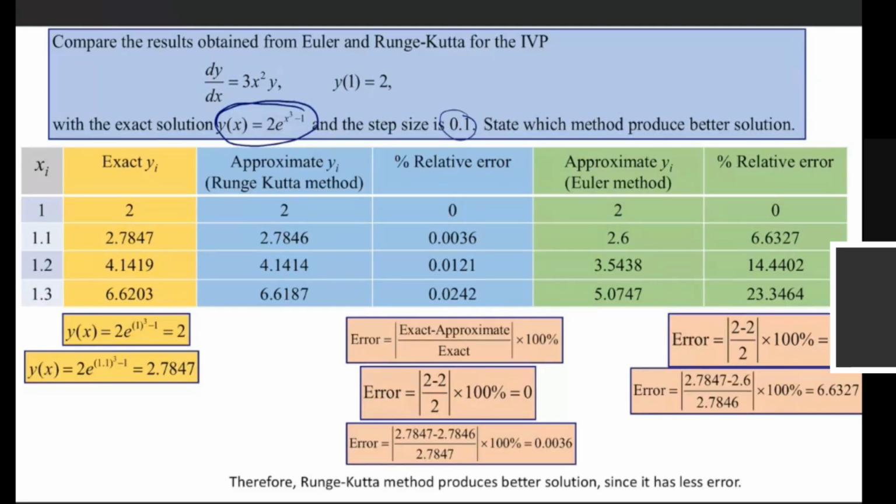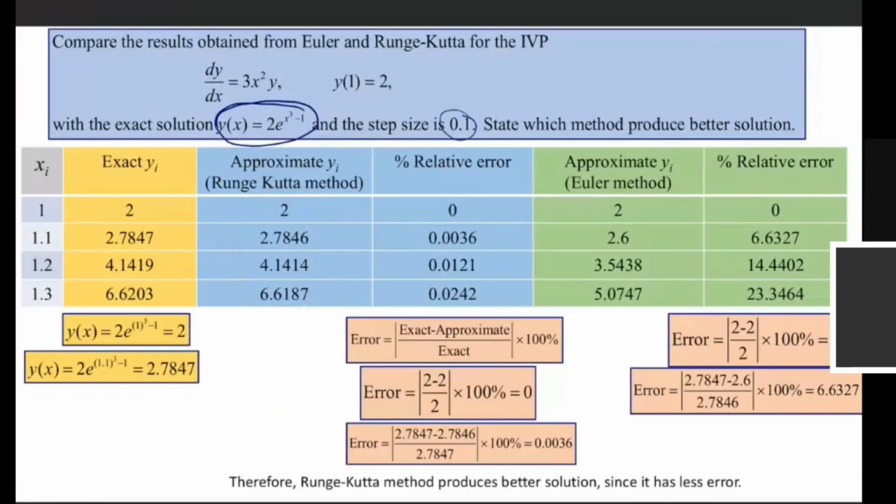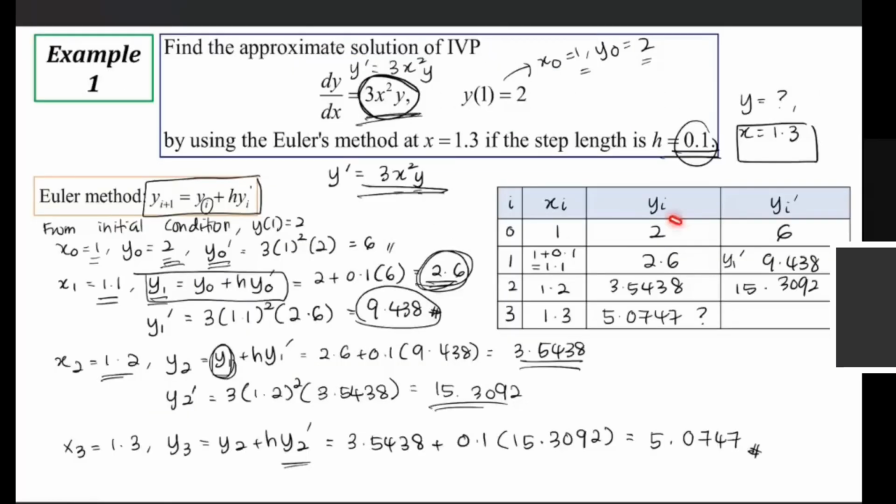And we get this answer. Okay. Then this is the approximate solution for Runge-Kutta. Okay, we have 2.7846. This value refers to the value of y.